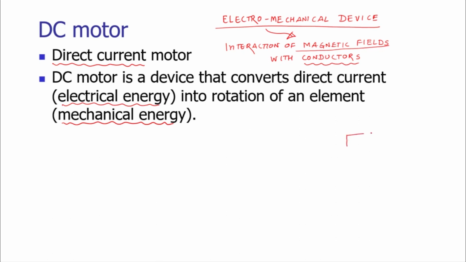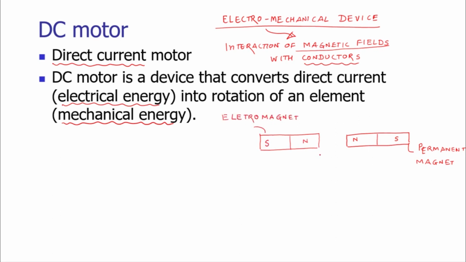Consider we are having a magnet. So this is a permanent magnet. If we take another magnet and let us consider this magnet is an electromagnet. So this element is getting the magnetic properties when it is energized due to the electricity.